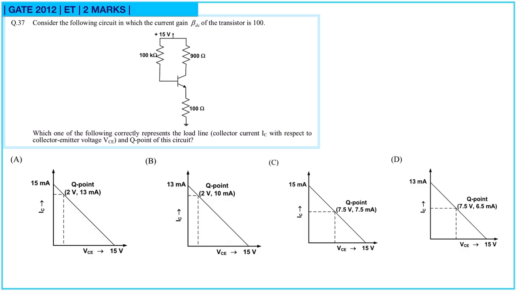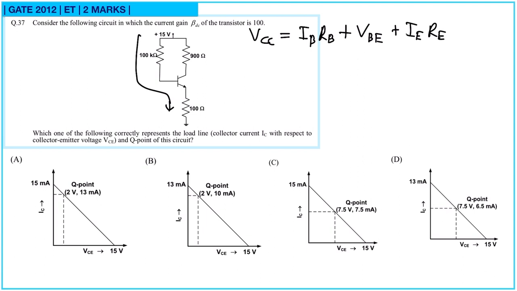Now for this, VCC, this voltage is across this RB resistance and also this RE resistance. So if I am considering this part, then I can write VCC is equal to IB RB plus voltage across base emitter junction plus IE RE.